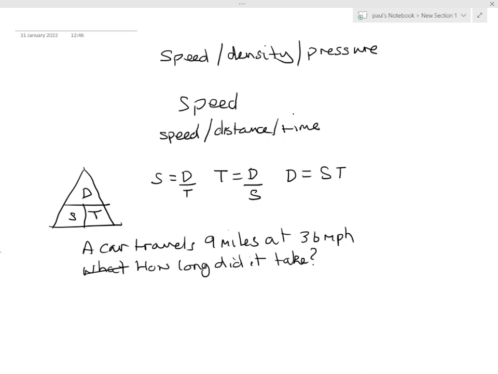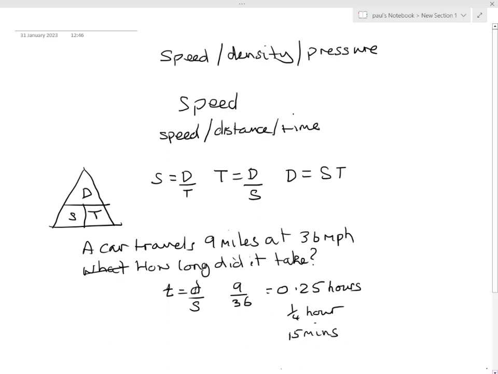Okay, so we've got the time is equal to the distance divided by the speed, and the distance is 9, the speed is 36, and that is equal to 0.25. Now this is in hours, so it's going to be 0.25 hours, which is a quarter of an hour, which is 15 minutes.